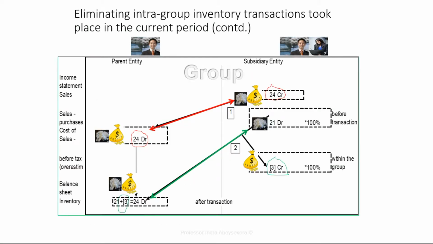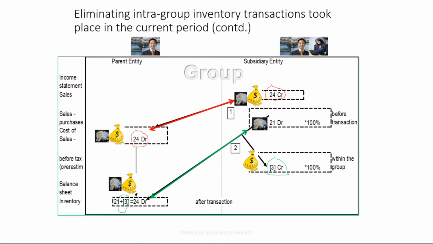For us to understand the unrealized gain and overvaluation, we can look at the subsidiary which sold the inventory at 24 million, where the cost was 21 million, making a gain which is unrealized of 3 million.